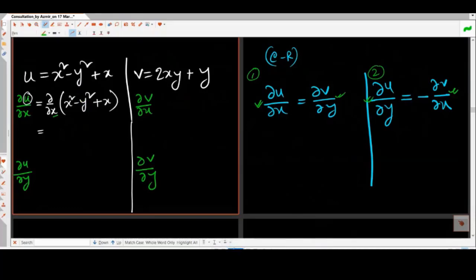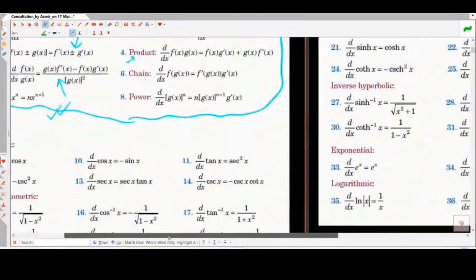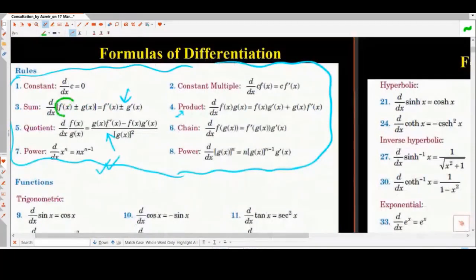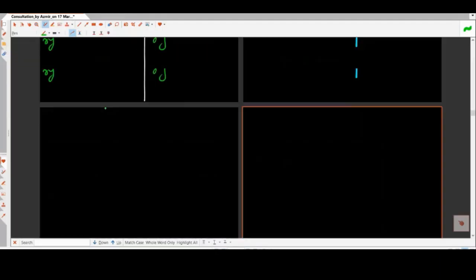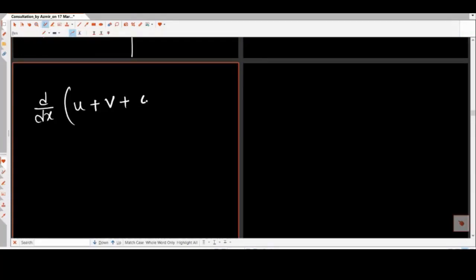So you can remember the formulas or rules of differentiation. If we have the derivative of a sum, then we can separate and find d/dx of f plus d/dx of g. That means the derivative of a sum is the sum of the derivatives. I mean to say that suppose we have d/dx of u plus v plus w.